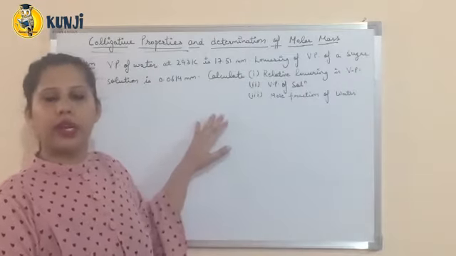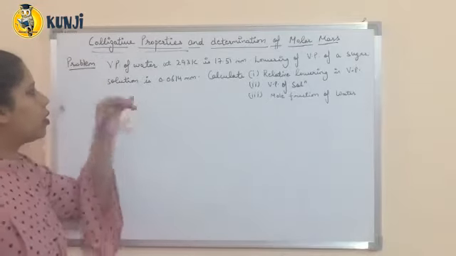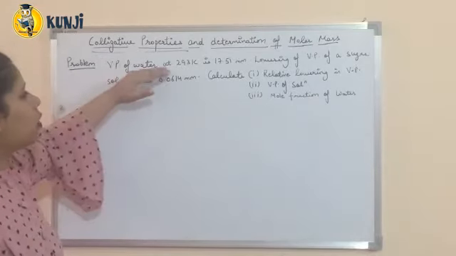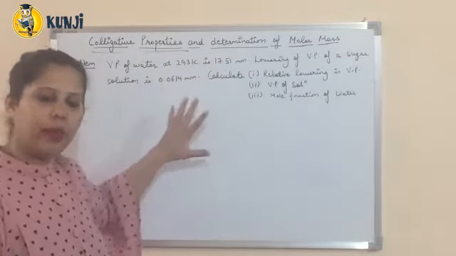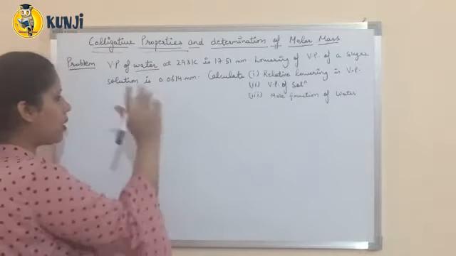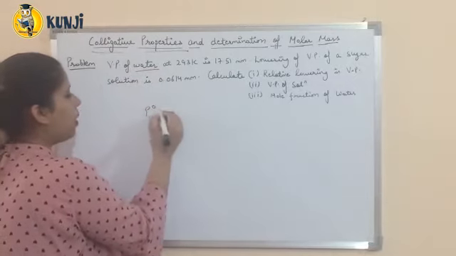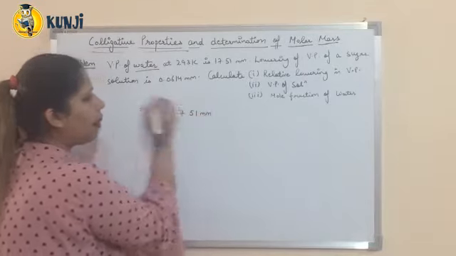Let's take a look at the numerical related to the relative lowering in vapor pressure. In this question, it is given that the vapor pressure of water at 293 Kelvin is 17.51 mm. Water means there is no solute, so it is pure. So P0 is given as 17.51 mm.